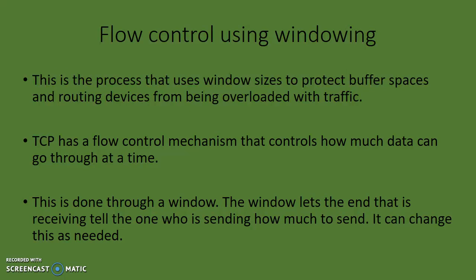So this helps out. TCP has a flow control mechanism that controls how much data can go through at one time. Again, this is done through a window, so to speak. The window lets the receiving end tell the sender how much to send at one time, so it doesn't get overloaded and things can run smoothly.